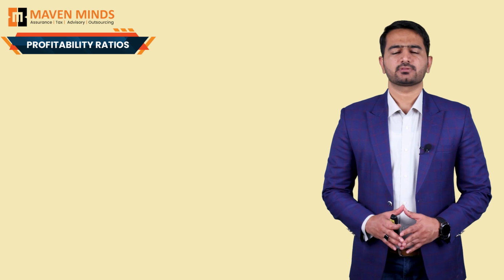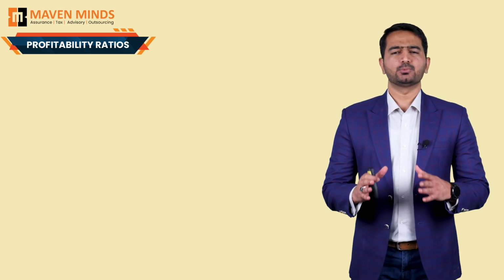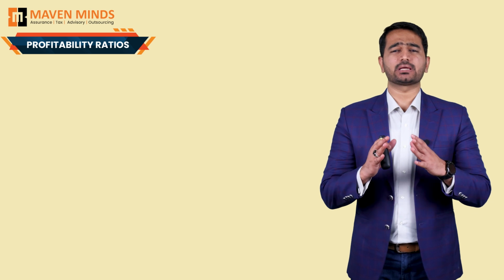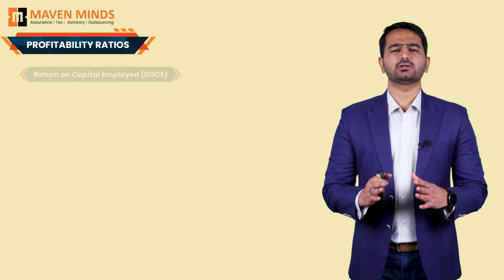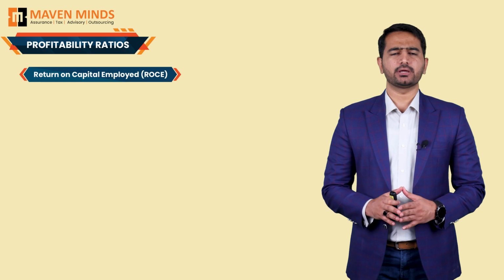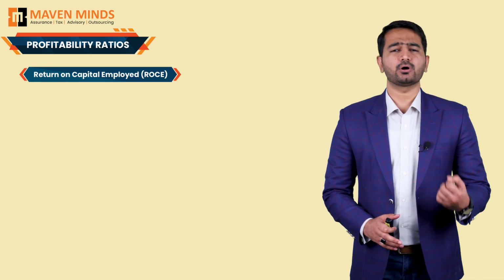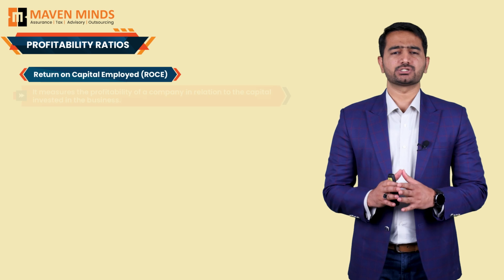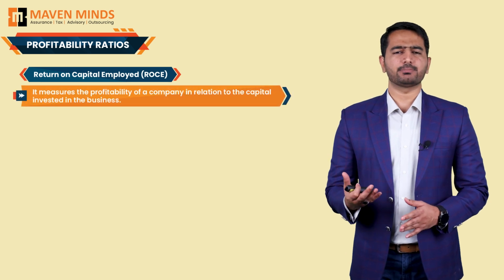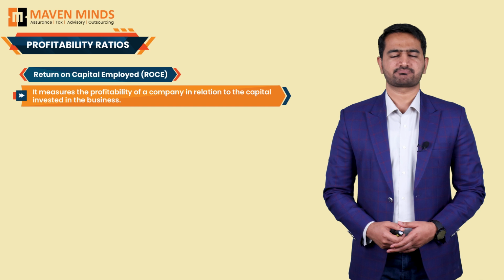My friends, whenever we talk about profitability ratios, the most important ratio that you can think of is the return on capital employed. Return on capital employed, or commonly known as ROCE, is a very important ratio. It measures the profitability of a company in relation to the capital invested in the business.